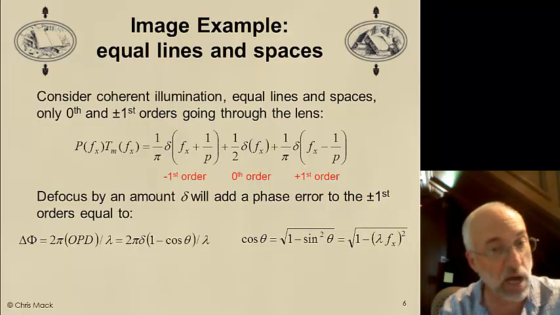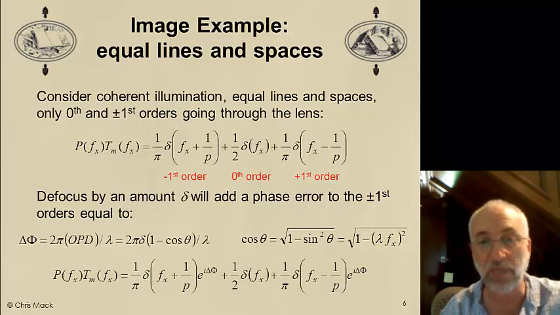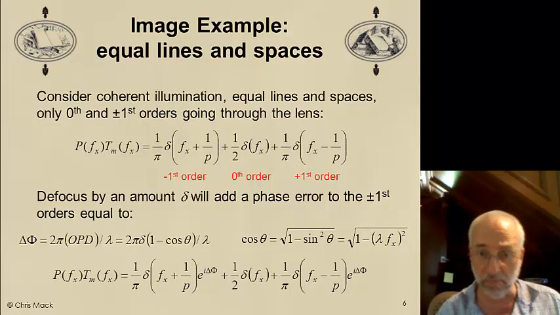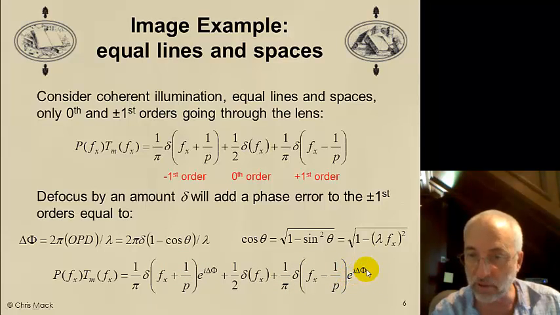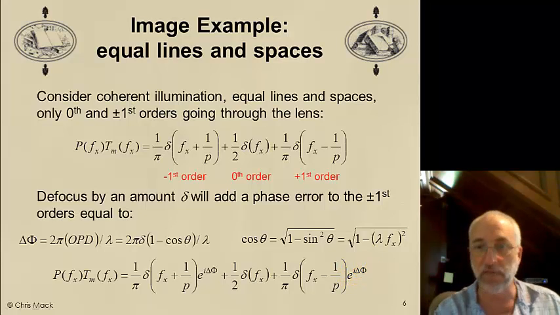Now let's apply this phase error to the plus and minus first orders. Well, the 0 order, nothing happens to it, no phase error. But the plus first order and the minus first order, I simply multiply by a factor e to the i delta phi.